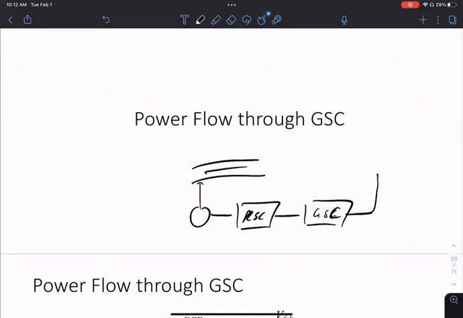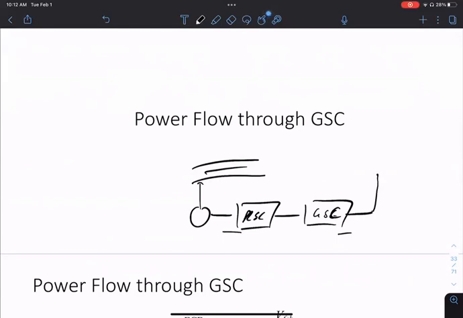So really, to compute power flow, we need to compute the reactive power here, and the reactive power coming out of the grid side converter. Okay, you need to compute both. And with active power, you don't care about accounting for both. That's because you cannot lose active power in this task. Whatever comes out here goes into here.